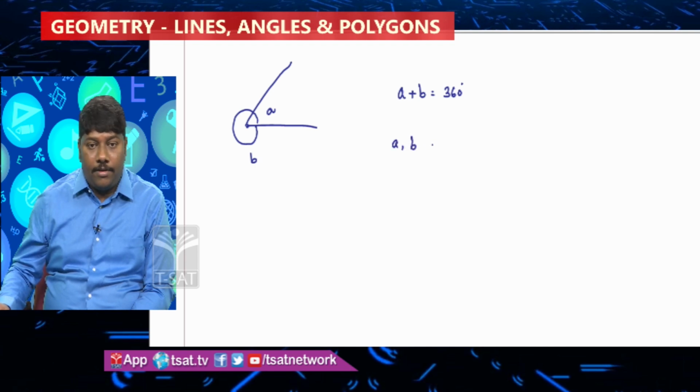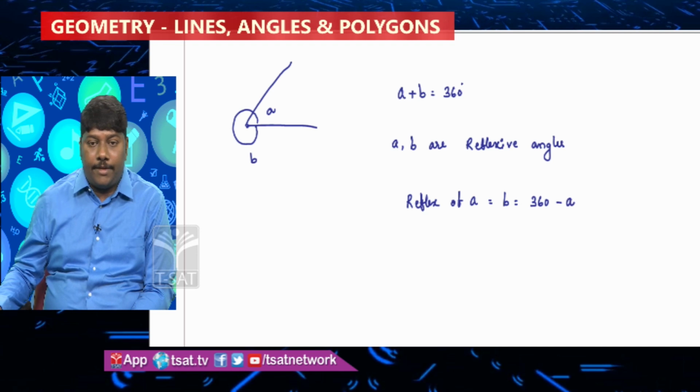A, B are, we call it, reflex angles. What is the reflex of A? The reflex of angle A is angle B, or else we say it is 360 minus A.